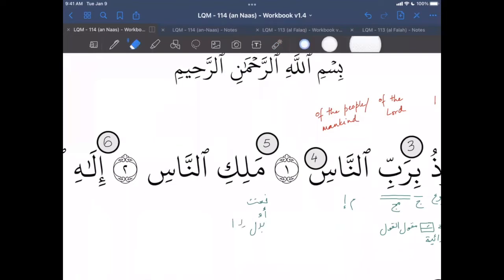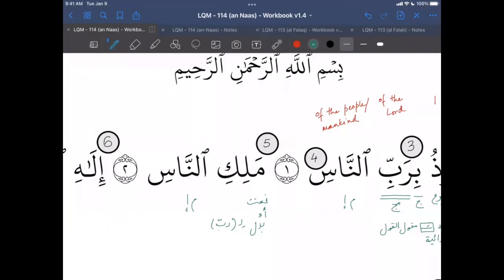What am I saying? Be Rab. It's a naat or badal. It's an adjective or it's a substitute for the word Rab, which we saw in the previous ayah. And An-Nasi is mudaf ilayhi, which means Malik was also mudaf.